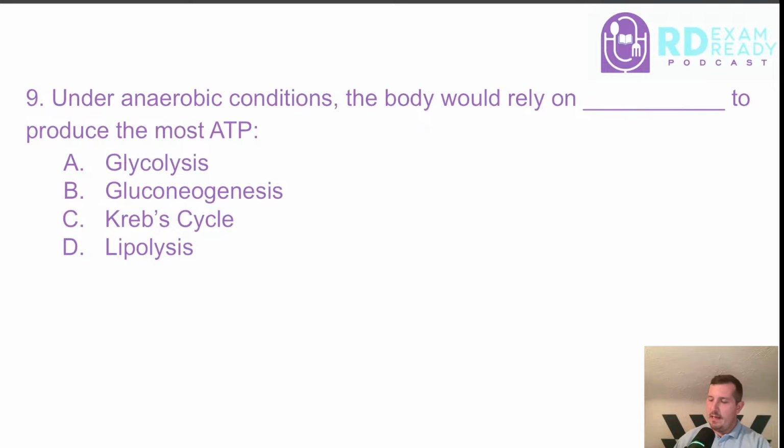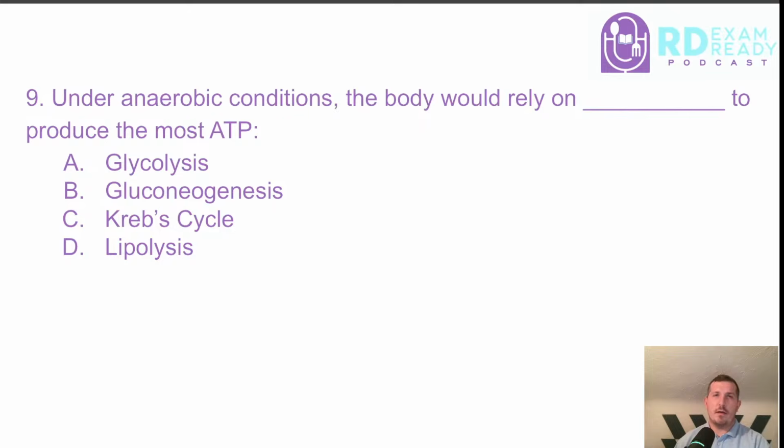Would it be A, glycolysis, B, gluconeogenesis, C, the Krebs cycle, or D, lipolysis? Now, as you're working through the question, make sure you ask yourself, which of these processes require oxygen and which don't?